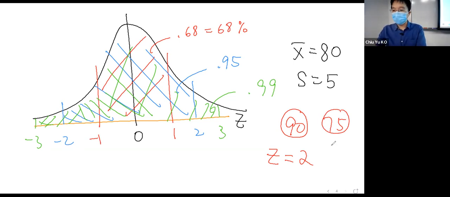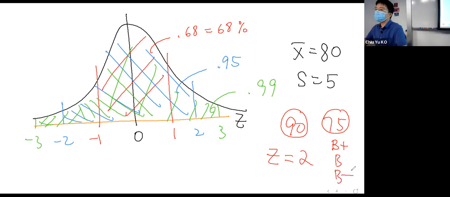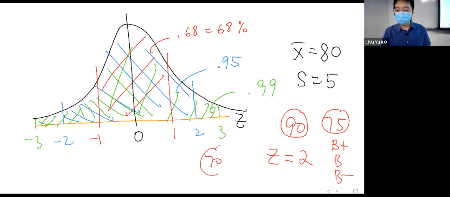Maybe you're expecting a B plus or B, or even B minus. Even though it's just slightly 1 SD below, 1 SD is actually a big thing. So you see, at 2 SD already you are top of the class, and if you got 70, then probably you are failing if you continue this, right?